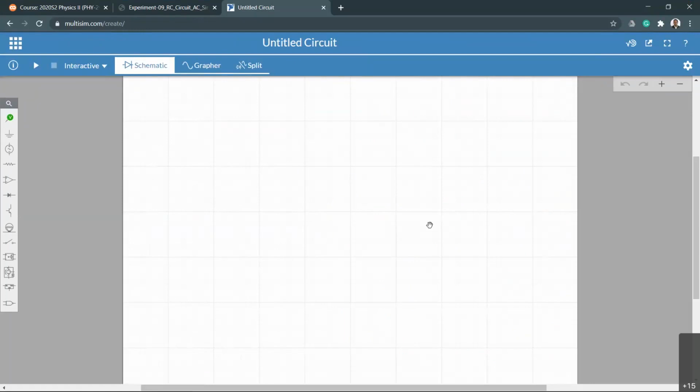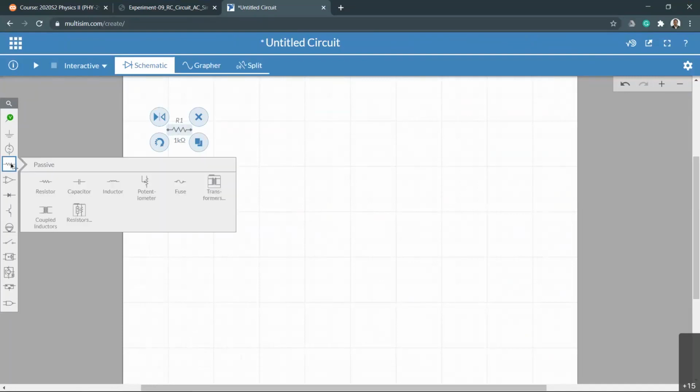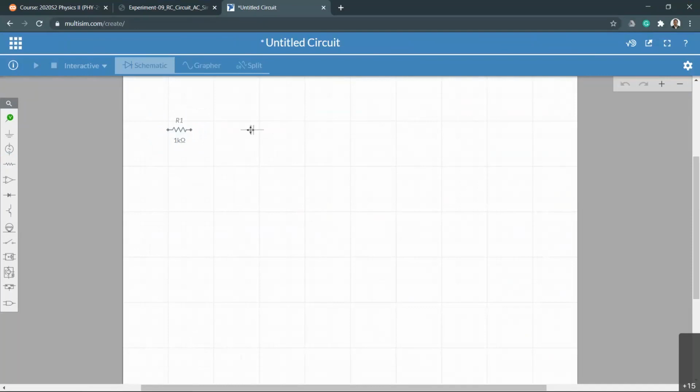What we need is a resistor. Let's bring a resistor, and then we need a capacitor. Inside this resistor symbol you can see all the basic items for our circuit analysis: resistor, inductor and capacitor, those are the three things we need for this class. One capacitor, and I need a clock voltage.